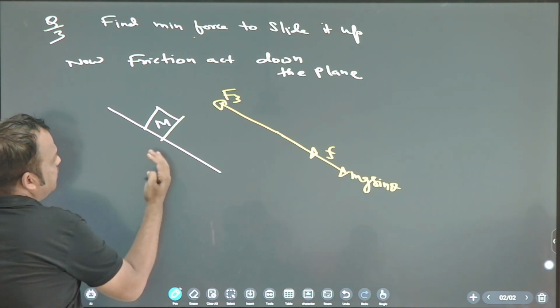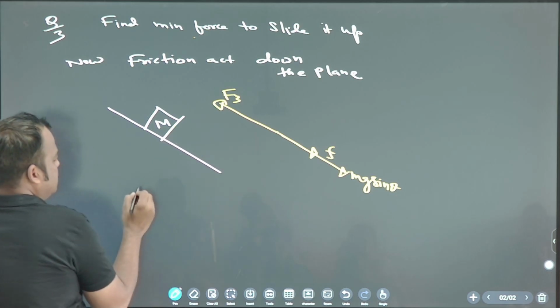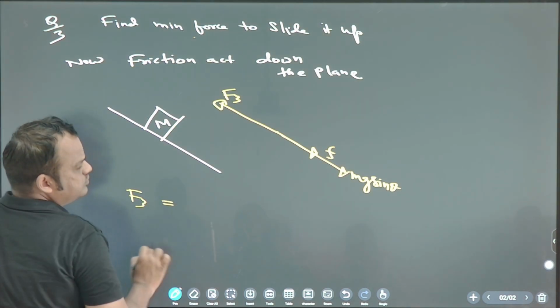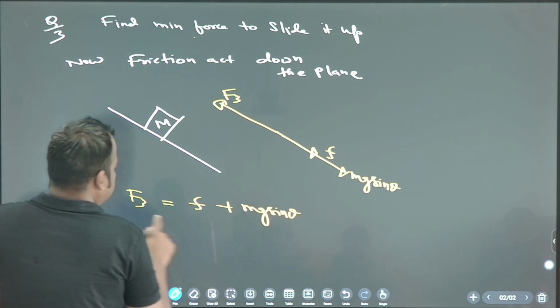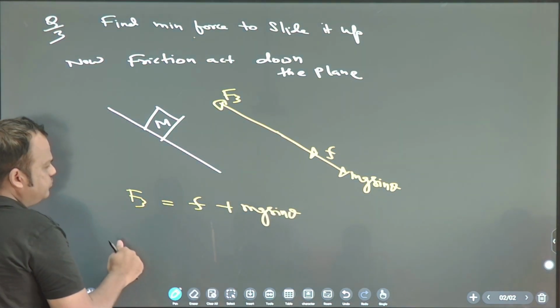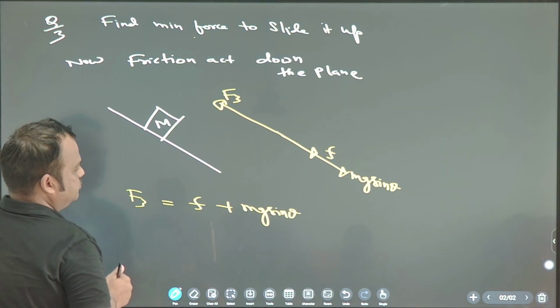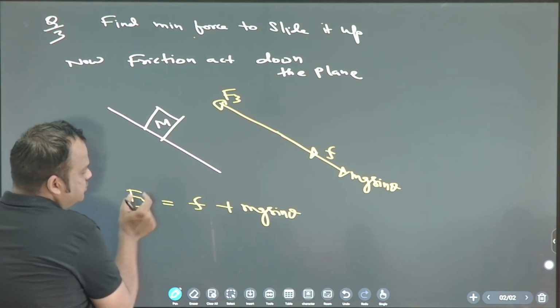I just want the minimum force, so you can balance it. So F3 is equal to F plus mg sin theta. Okay, clear? So what is the answer? Tell me. I want the minimum force.